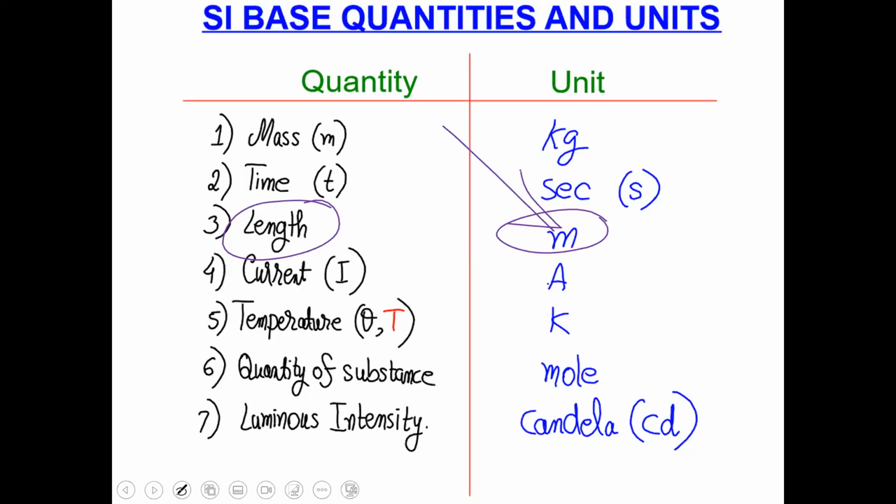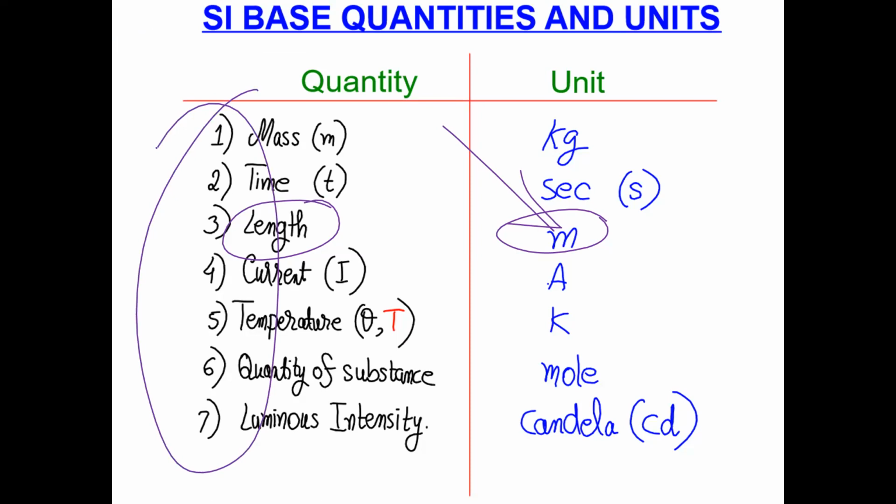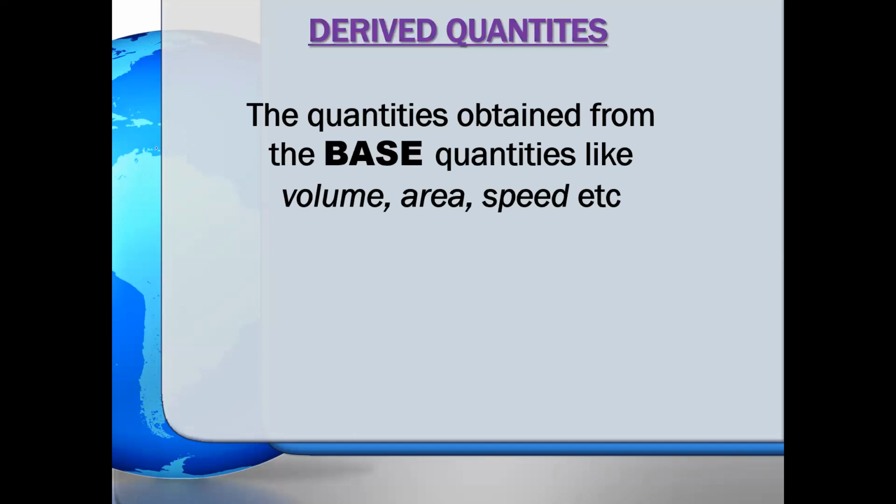So what is the base quantity? Base quantity was the foundation of physics. There were 7 quantities which started physics as a subject. Then these quantities intermingled and they made a huge range of quantities which are called derived quantities.